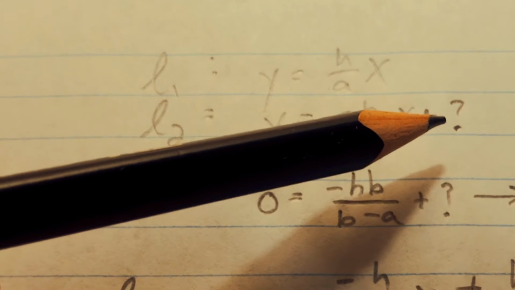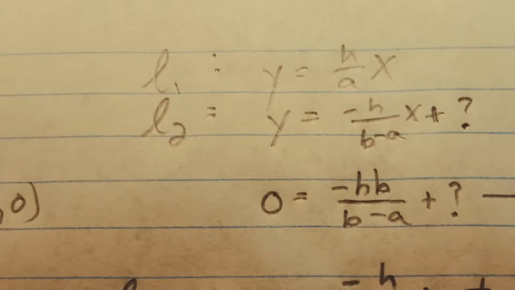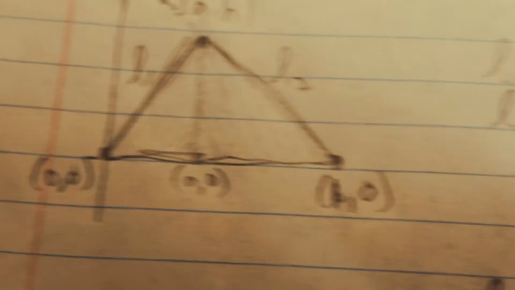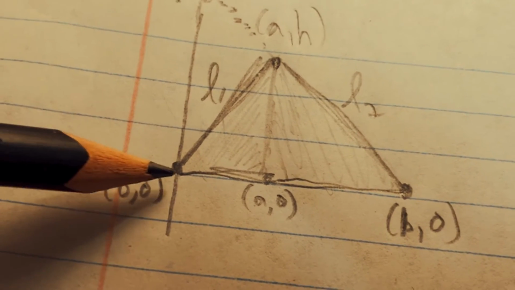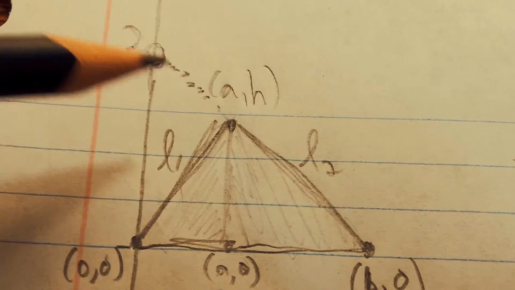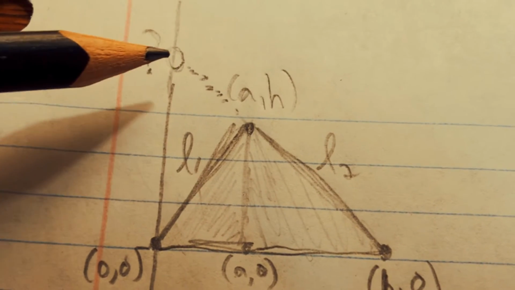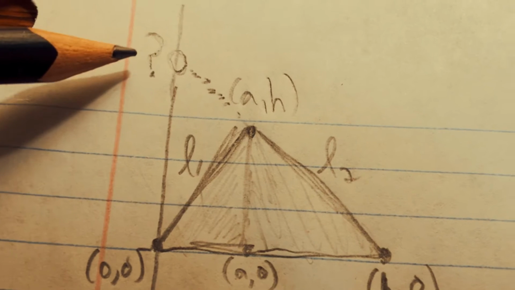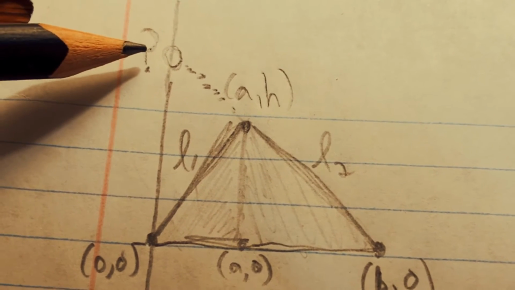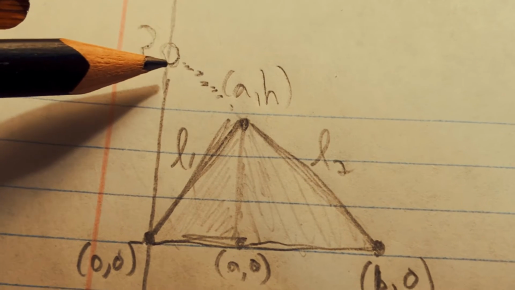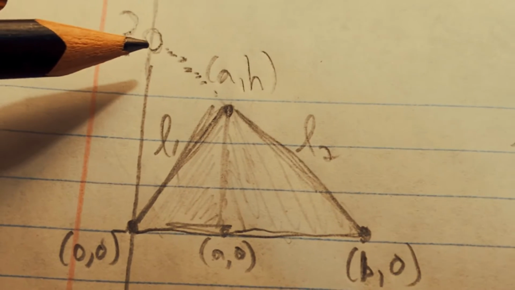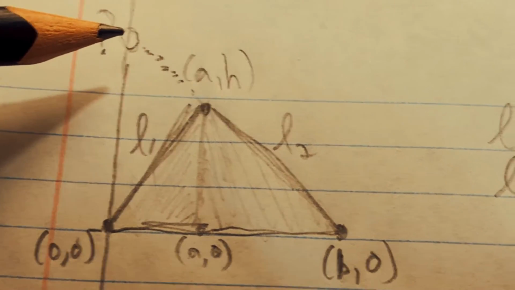We don't know the y-intercept. For line 1, it was 0, right here. For line 2, it's a mystery. So we're using this symbol that shows us that it's a mystery. But we need to solve that mystery before we can integrate this line.